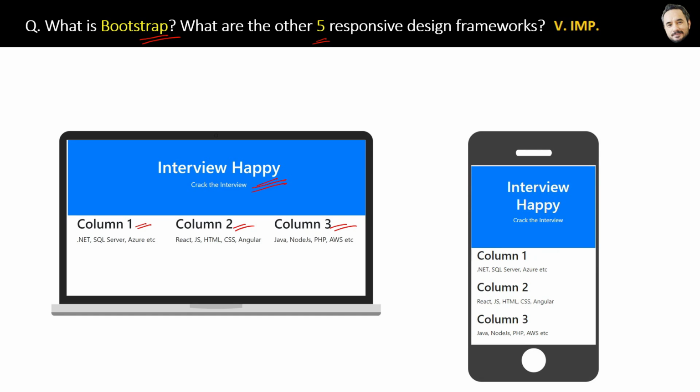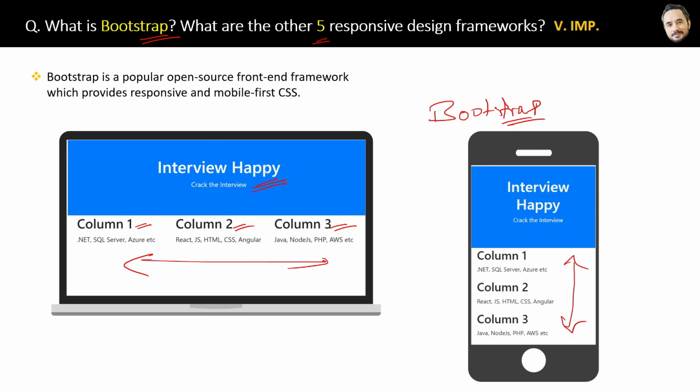Here you can see that the columns that were horizontally aligned on the laptop are now automatically aligned vertically. The main thing is that you do not have to write a single line of CSS code for this responsiveness. You just have to include the Bootstrap framework by adding this URL in your HTML and some of its classes.